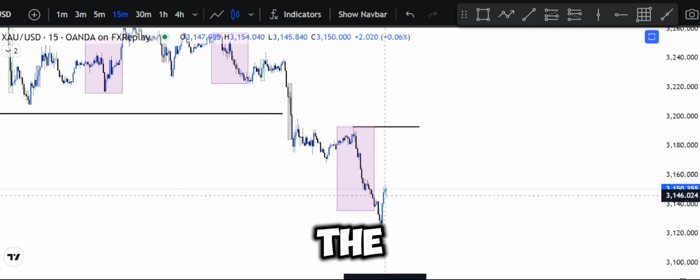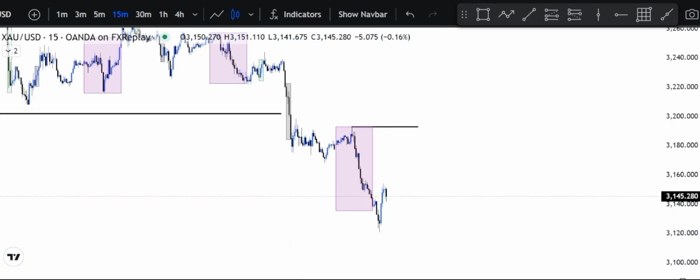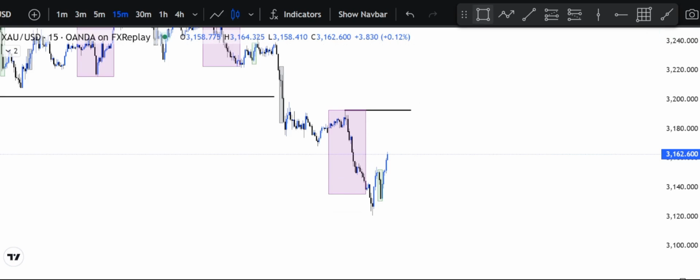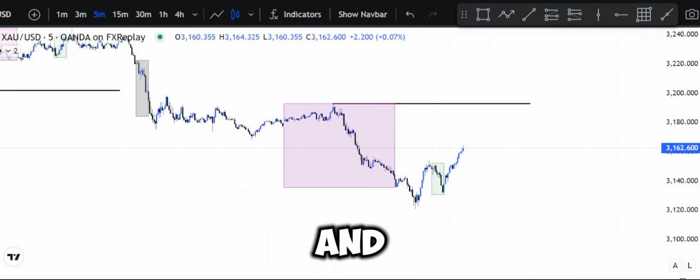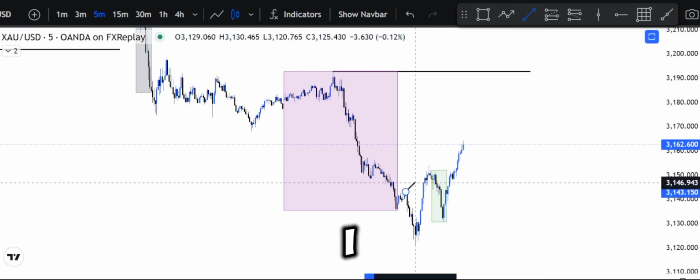We are expecting the price to break this high, give us a change of character. We have lower time frame, 5-minute change of character. I missed this.